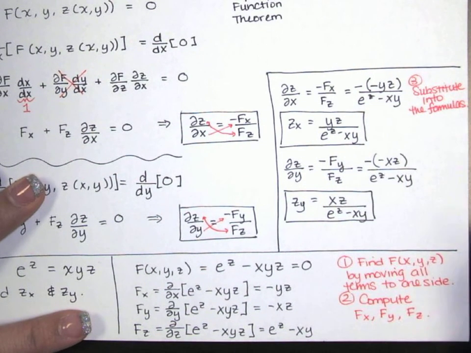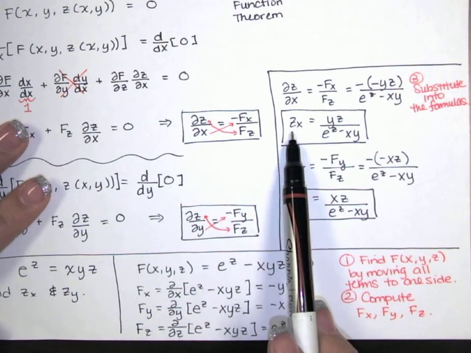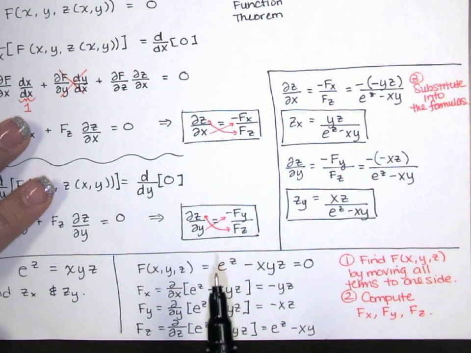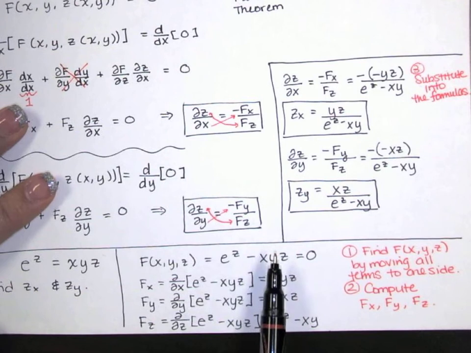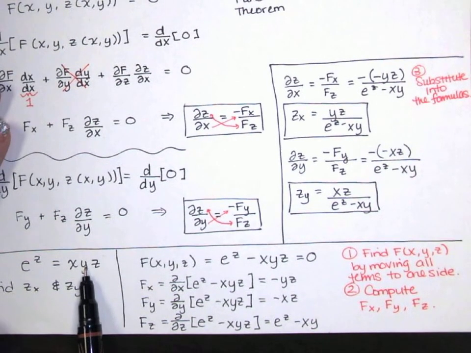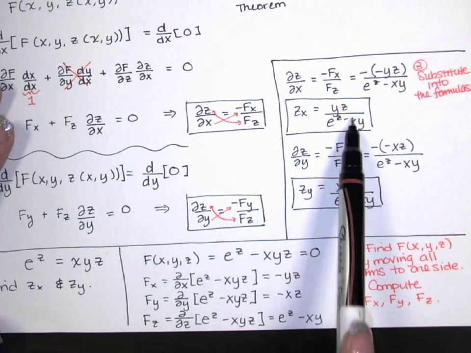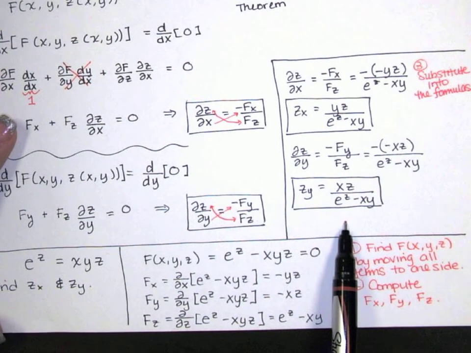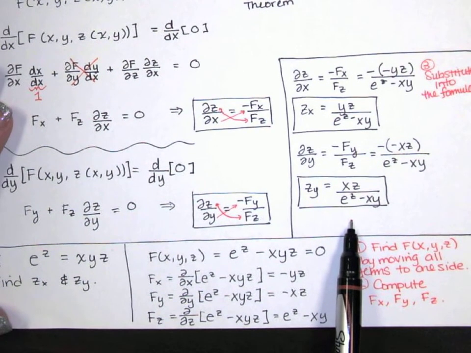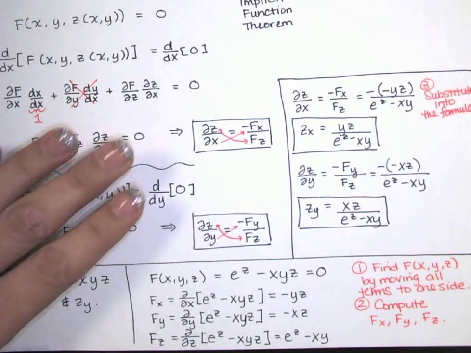Now, we did not do any examples of finding the slope of the surface in the x or y directions, but if I had a particular x, y, z that satisfied this equation, we could find the values of the partials at that point. So let's just do that one example to finish this.